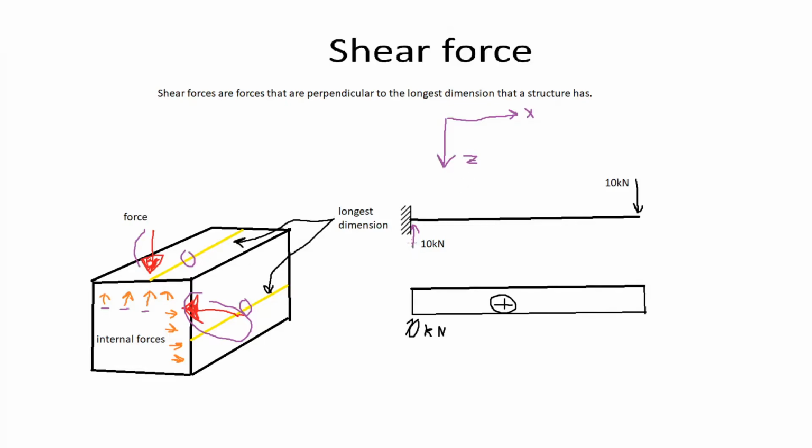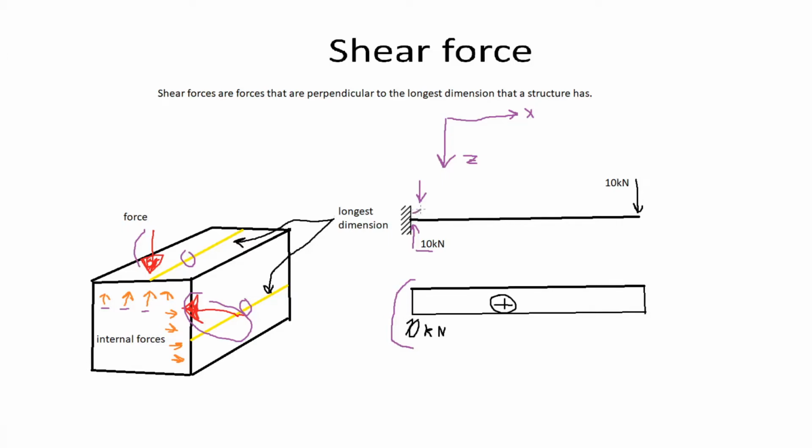So in this case, firstly we can see that the first force when we come from the left is the reaction force of 10 kilonewtons, and that reaction force creates an opposite shearing within the beam, and we can see that right where the beam starts the shear force jumps up to 10 kilonewtons.